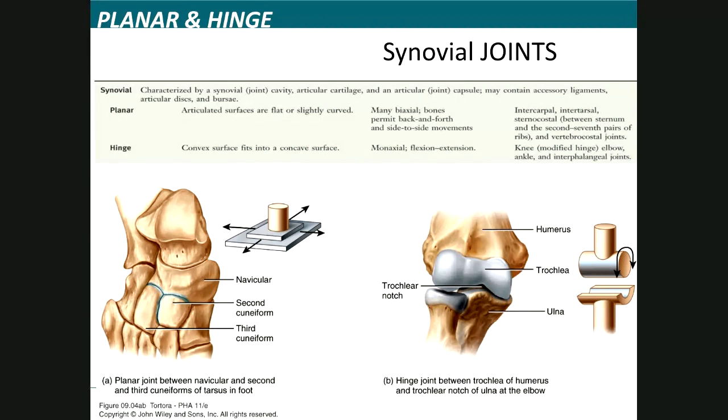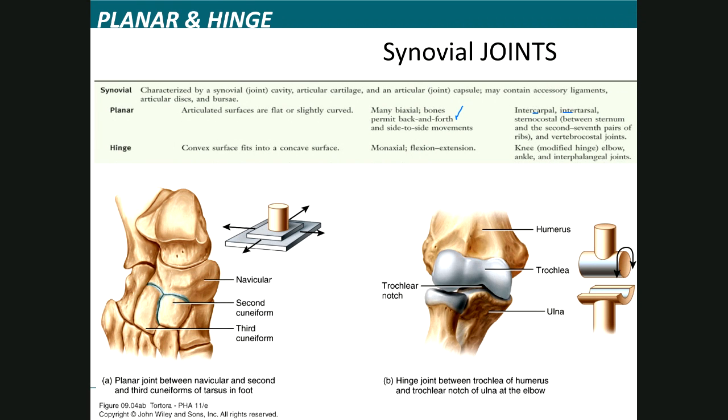We talked about how planar joints are biaxial in the sense that they allow back and forth and side to side movements. So there are two movements. Where do we see these? Either between our wrist bones, or intercarpal, or between our tarsal bones in the foot.